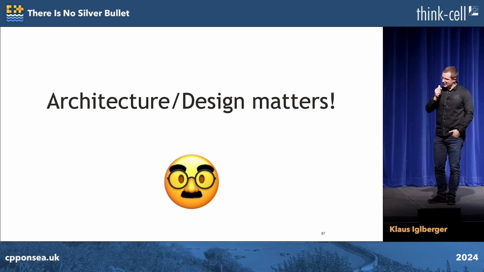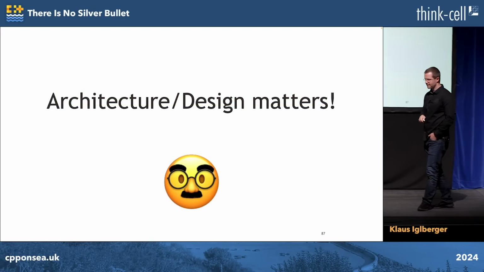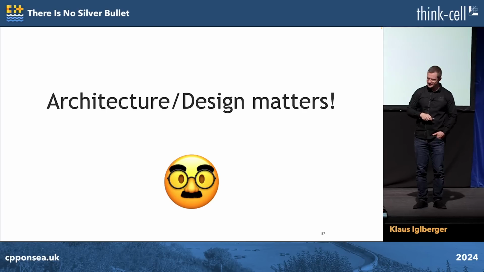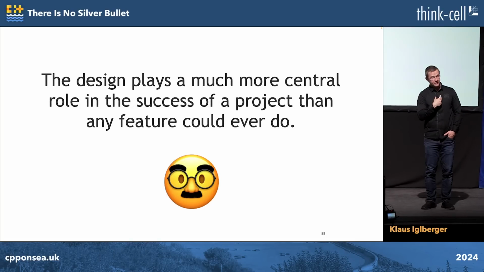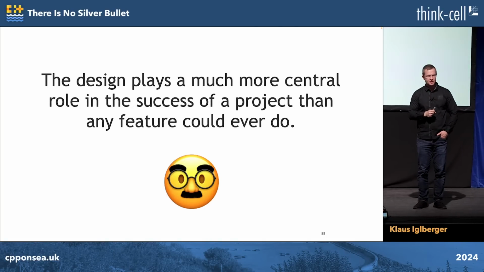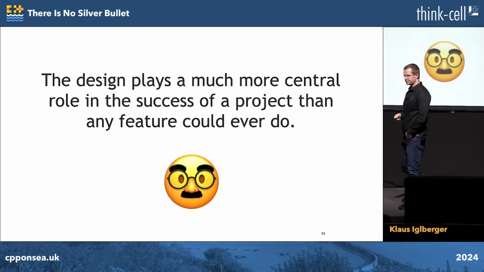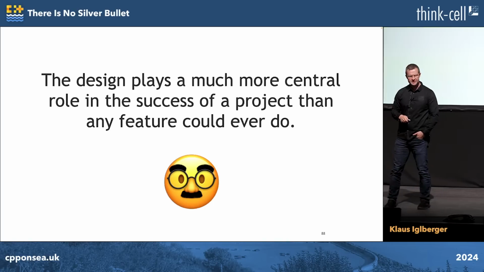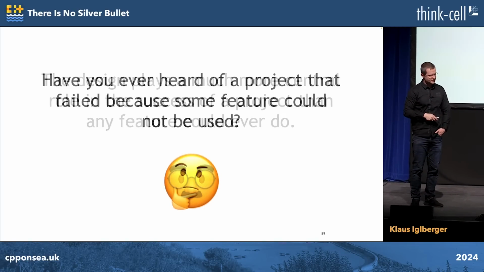Well, architecture and design matter. It really does. However, I kind of feel that this is not what we commonly do. I believe that the design plays a much more central role than any feature could ever do. And yet, for some reason, these considerations are kind of second-rate always.